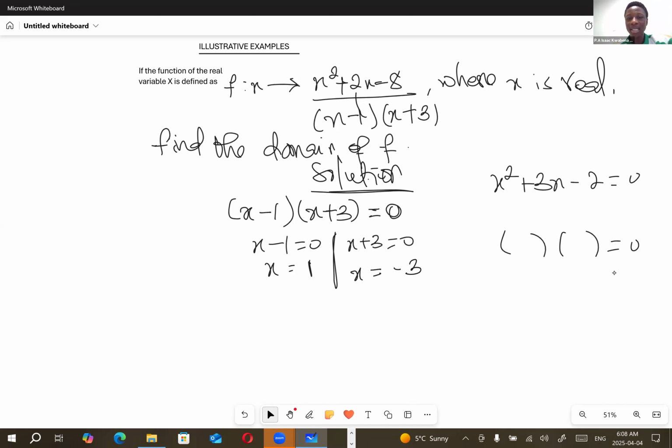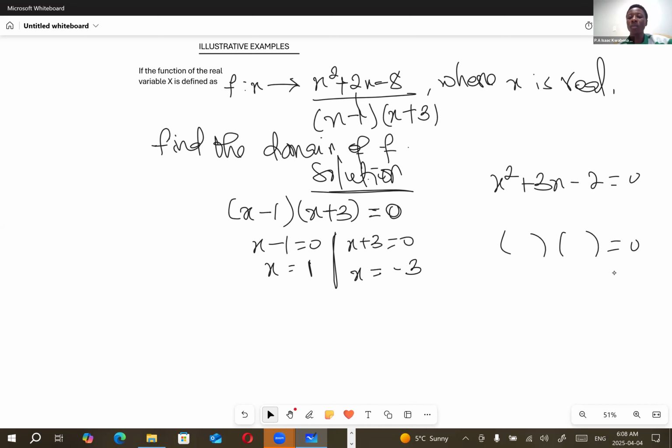How will I investigate that? I'll just take the denominator, x minus 1, x plus 3, and equate it to 0. It will give you certain values. Those values, when you put them there, will make the base 0. You can try it. We had 1, right? Think of 1. If you are substituting 1, you have 1 minus 1.